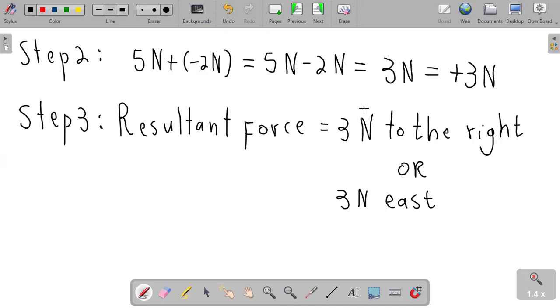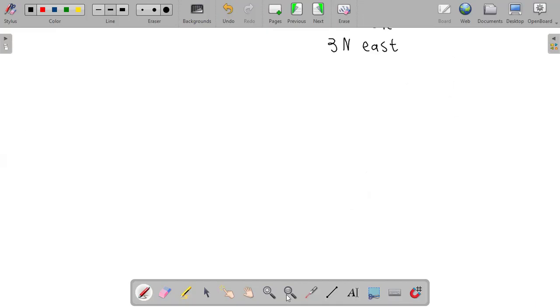If we had a negative here, then we would say 3 newtons to the left or 3 newtons west. That's what would happen if we had a negative sign here. So the words that you write here are obtained from the answer that you get.